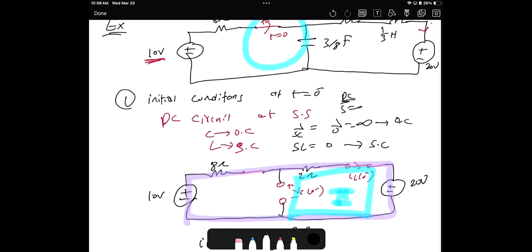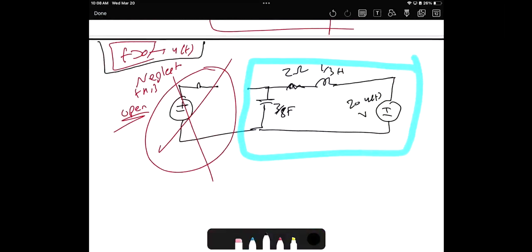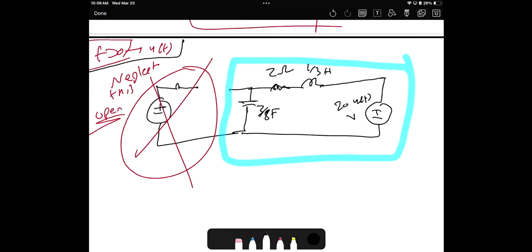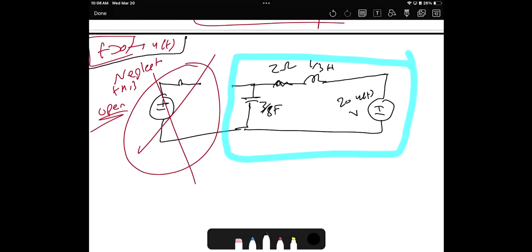Then what will happen to the remaining parts when it is open? What will happen to this resistor and the voltage source? It's outside of the circuit, so this is not related. I don't need to take it into consideration. That's why I cross it out. I'm going to neglect this because it's outside.